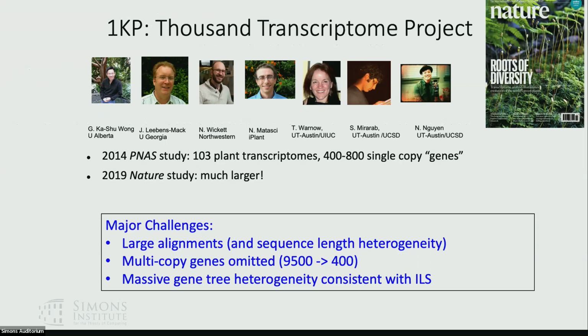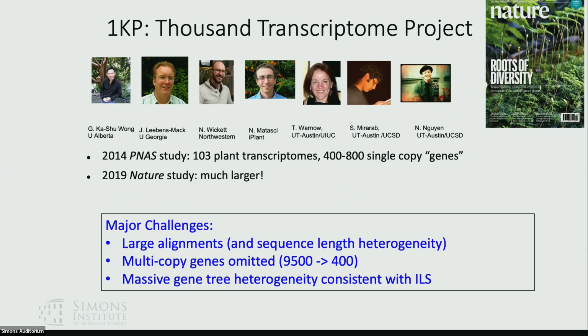So I've worked on several international consortia trying to get phylogenies for the large data sets. With the Plant Transcriptome project, the problems were very large multi-copy gene families, which meant very large multiple sequence alignments. And we decided in the end not to even look at the multi-copy genes, which meant that we lost a lot of our data.